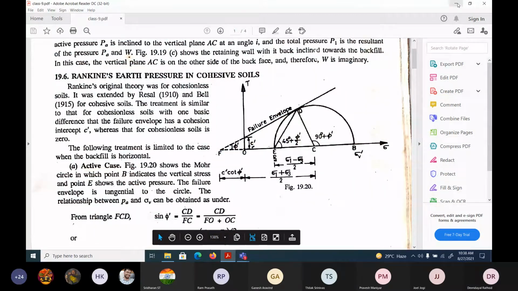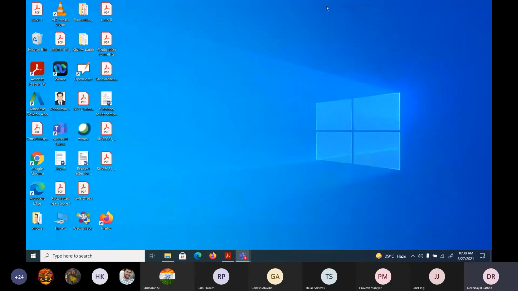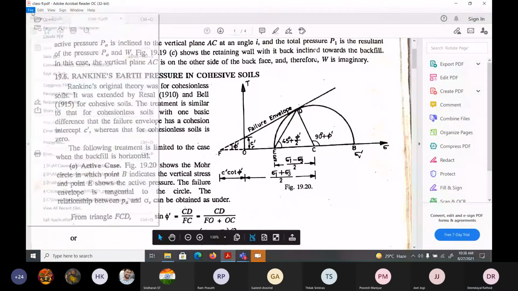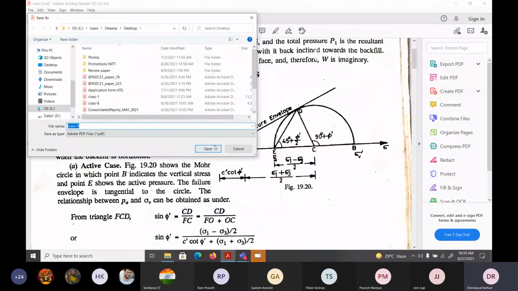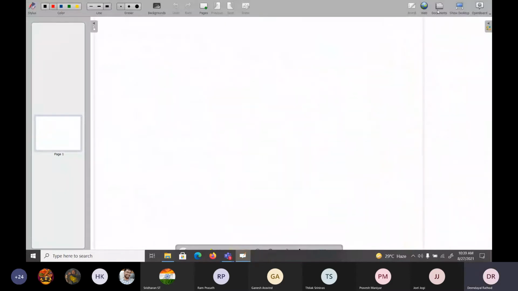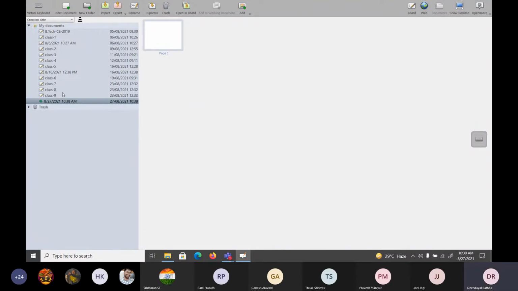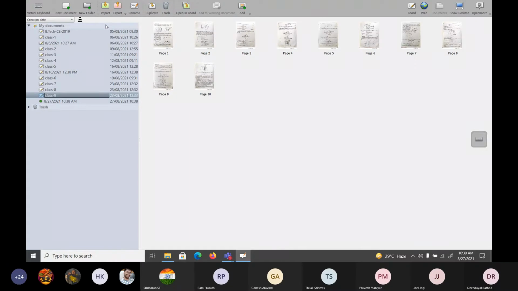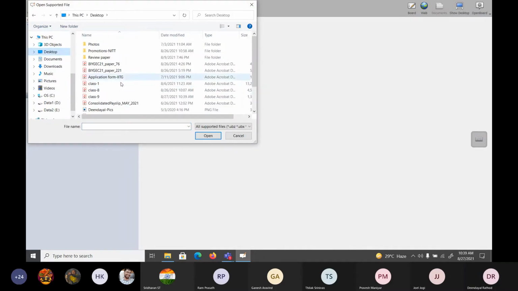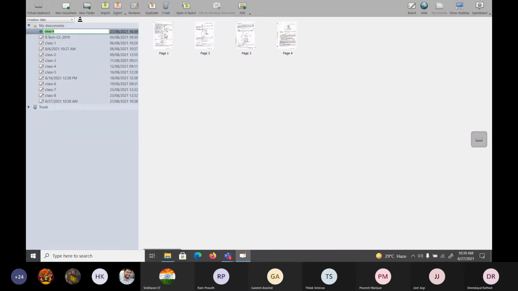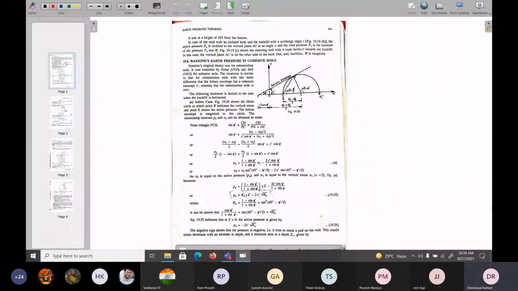So in the last class, we have discussed the Rankine earth pressure theory for a cohesionless soil. Is it visible now?